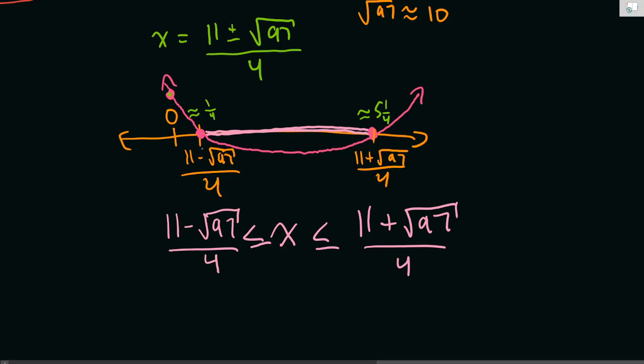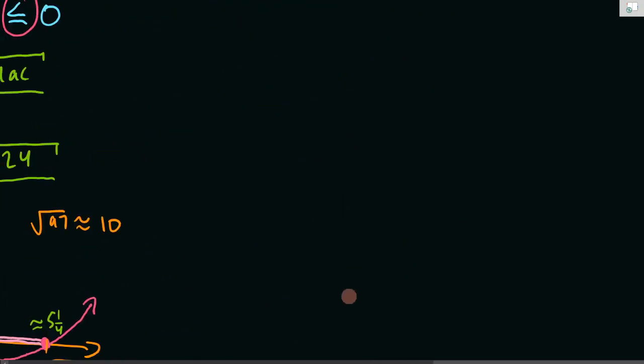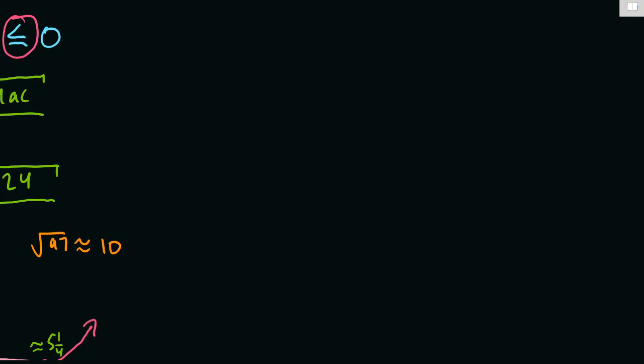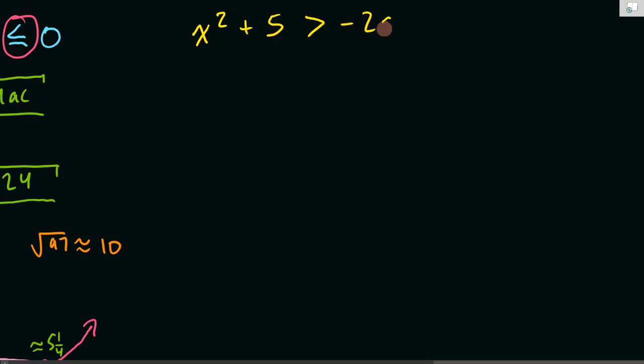Okay, one more. This last one's quick. So we're just going to do x squared plus 5 is greater than negative 2x. Now, of course, I can't solve this so long as one side is not 0. So since we've got a positive leading coefficient here, let's put the 0 on the right-hand side again.